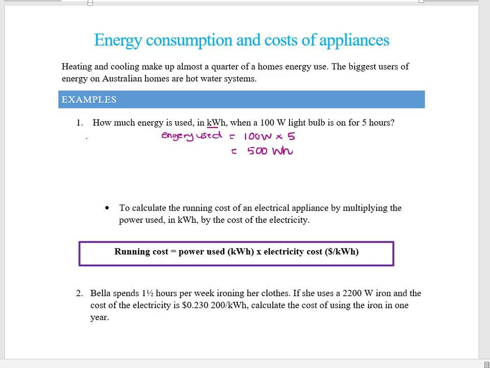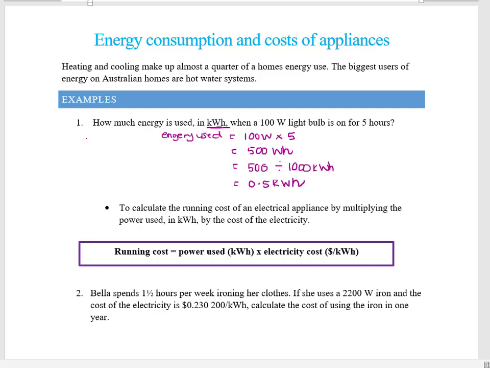Now the question asks me to put this into kilowatt hours. So to change to kilowatt hours, I'm going to take my 500 and divide by 1,000, based on the previous work. And if I do that, I get 0.5 kilowatt hours.